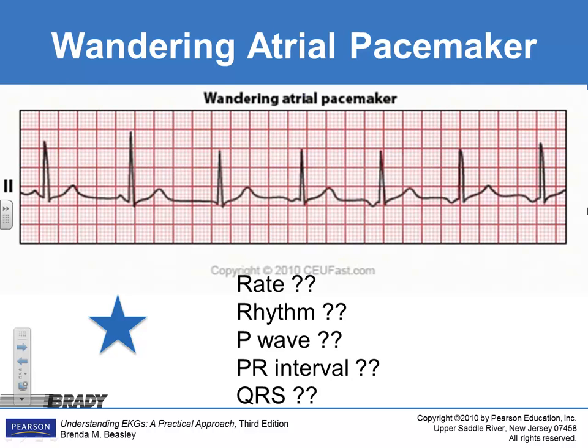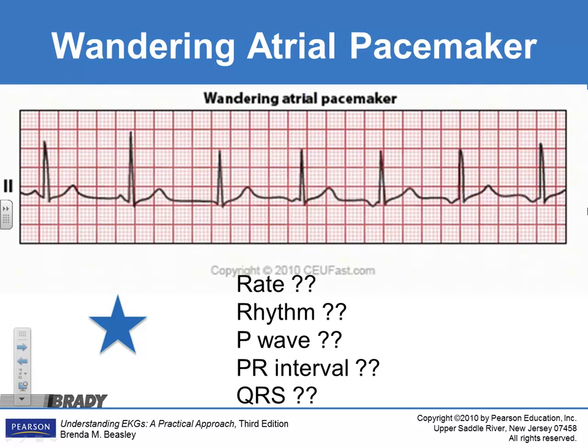P waves? Upright and uniform? No. You've got some upright. Do we have any that are buried? Yeah, the third complex is buried. How about the fourth, fifth, sixth, and seventh? Inverted, that's right. How would you know the third one's buried versus absent?